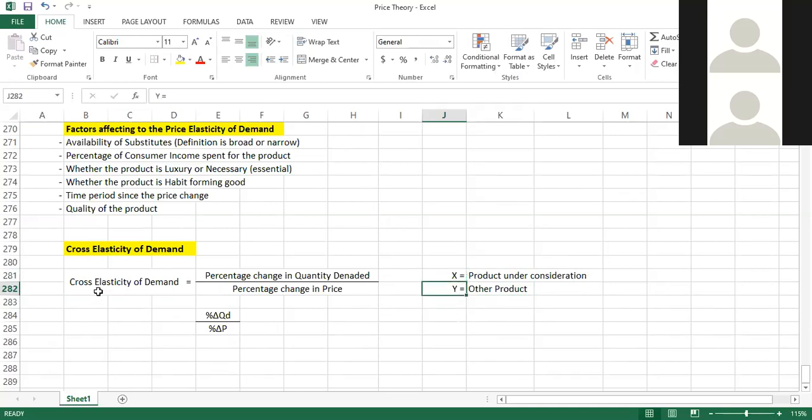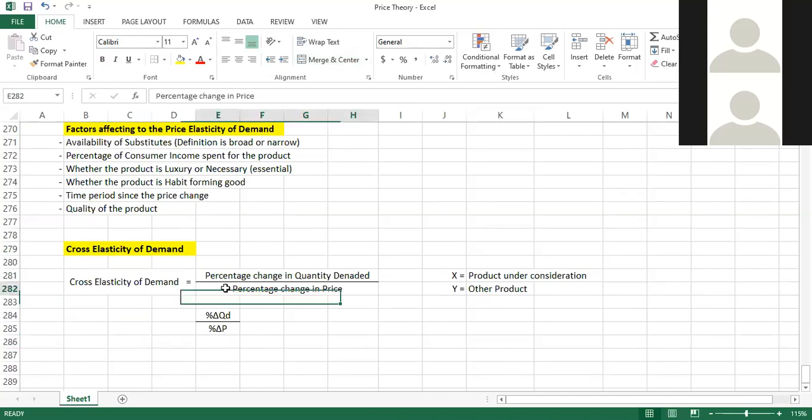Now, under the cross elasticity of demand, what do we analyze? When the price of which product changes? Actually, cross elasticity of demand means what? We want to analyze the responsiveness of the quantity demanded of a product when the price of some other product changes.